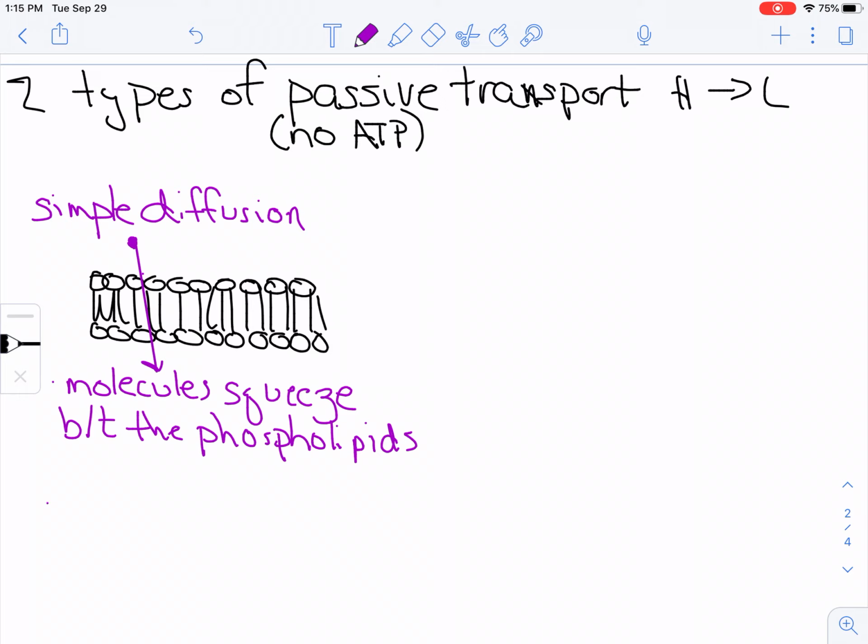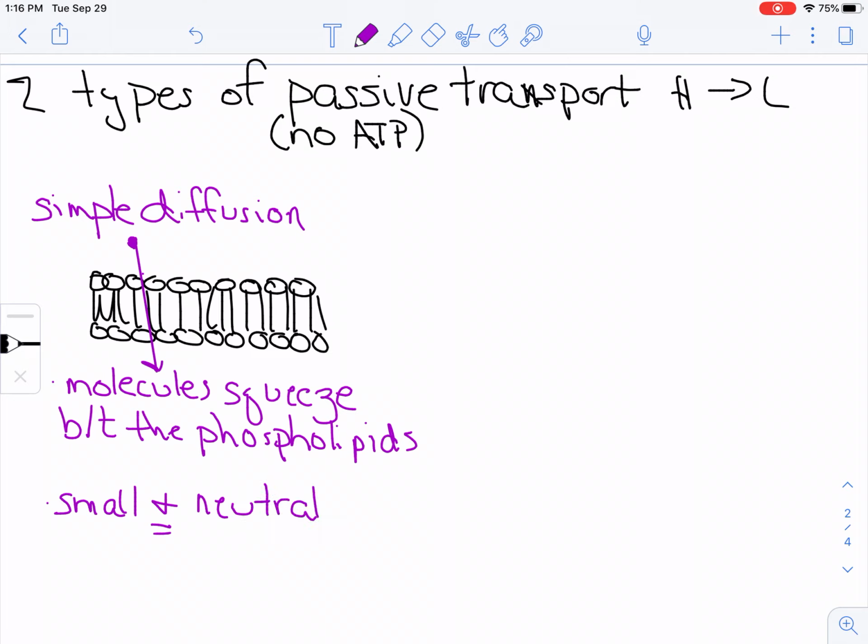In order to fit between those phospholipids and be allowed to pass, the molecule that's trying to pass has to be small and, I have to emphasize the and, neutral, meaning it cannot have a charge.